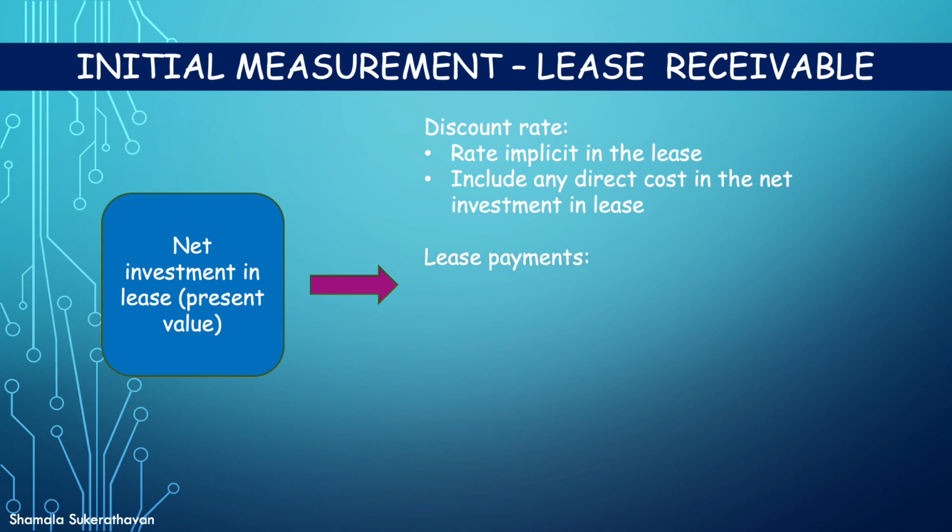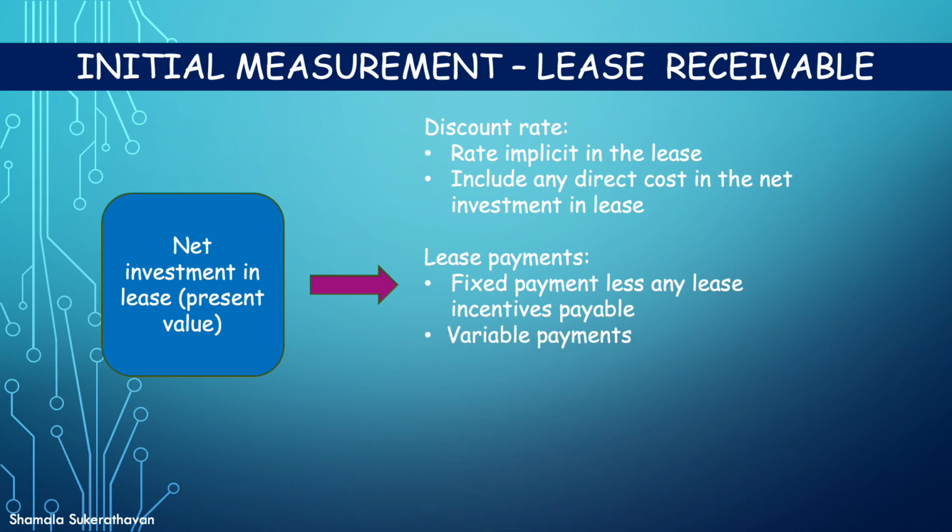Lease payments included in the measurement of net investment in lease comprise the following. 1. Fixed payments less any lease incentives payable. 2. Variable lease payments that depend on an index or a rate initially measured using the index or rate at commencement date. 3.